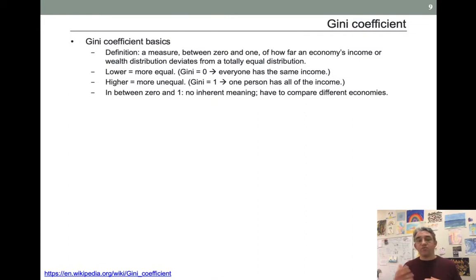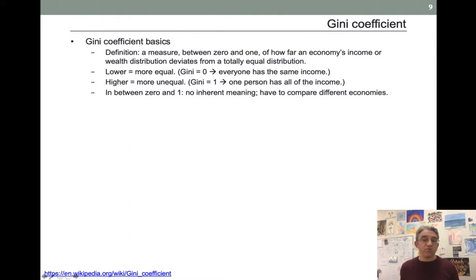And a Gini coefficient of 1 is when one person has all of the income. Obviously, those aren't real, but those are the mathematical endpoints. And in between 0 and 1, and I really want to stress this, there is no inherent meaning of a particular value. You really have to compare different economies in order to get a sense of what economic inequality, as seen through the Gini coefficient, actually means.